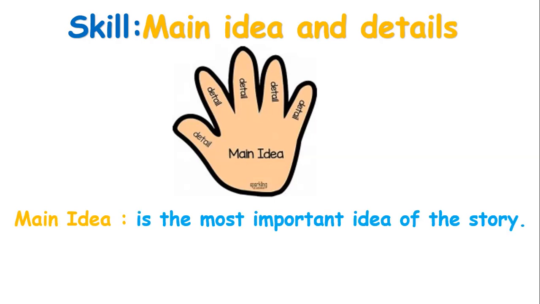That means when I want to find the main idea in a paragraph or a story or an essay, I have to find the most important idea of the story. All of you, what's the meaning of main idea?